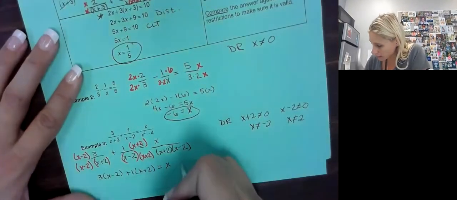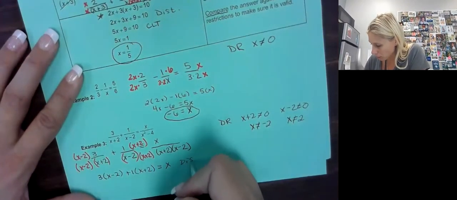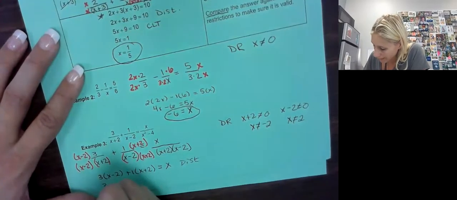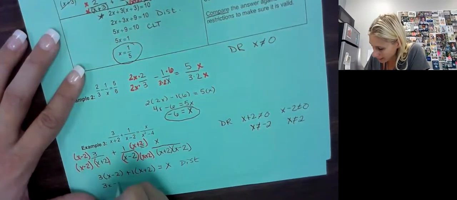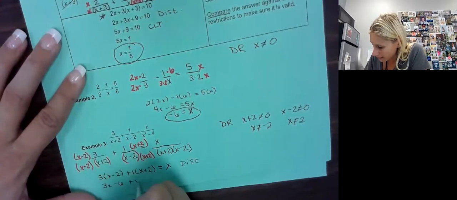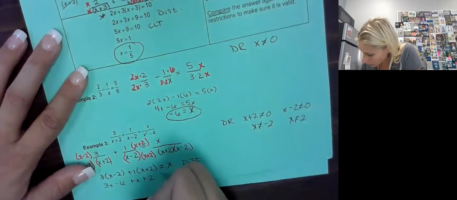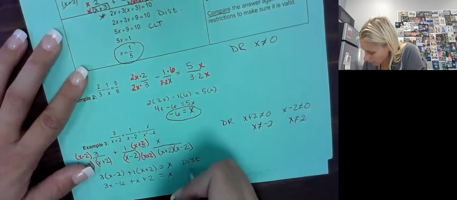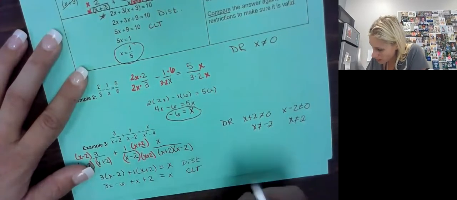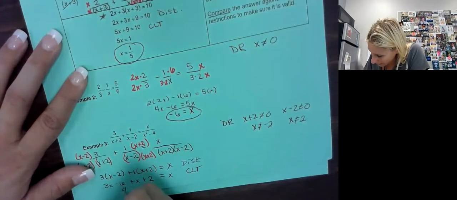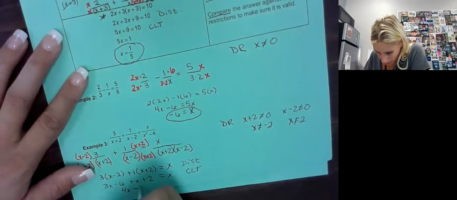Distribute, right? So you know what you're doing. 3x minus 6 plus x plus 2 equals x. We're going to combine like terms now. So we get 4x minus 4.